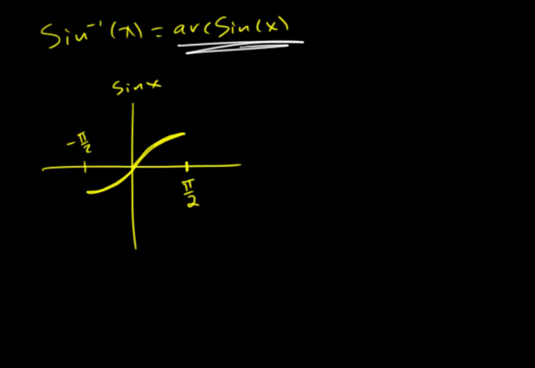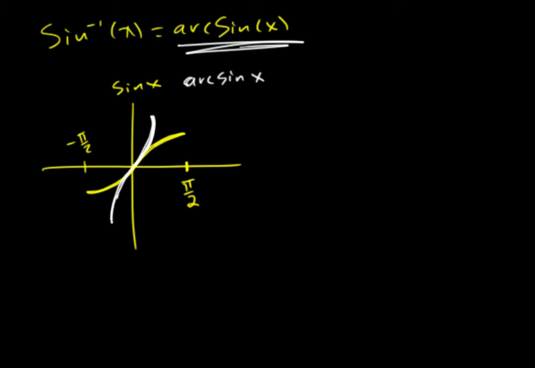When we take the inverse of that, we're going to get something that looks like this. So the white one is the arc sine of x.